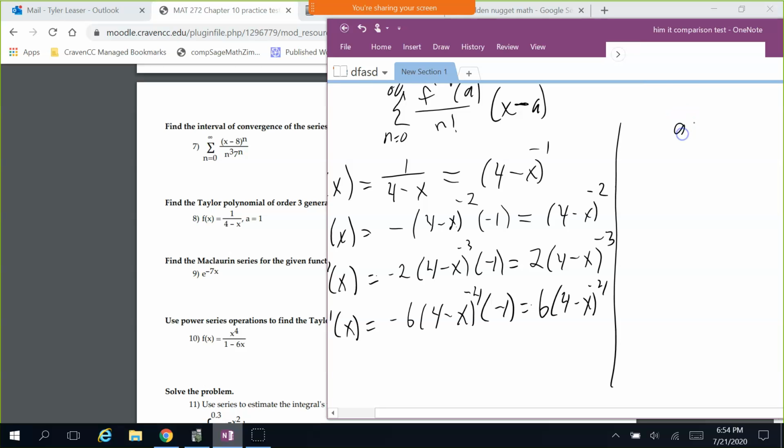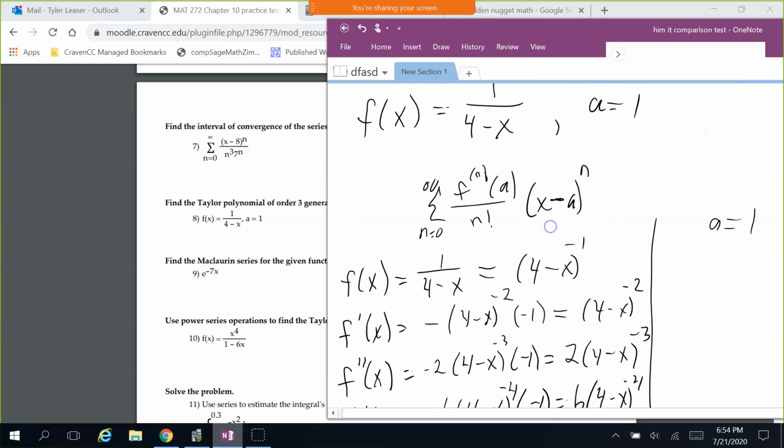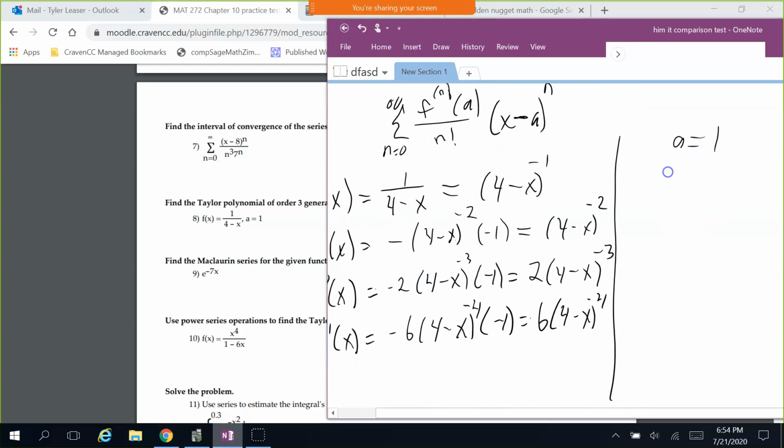We need these derivatives, but only at the location a, and remember a was 1, that was just given to us in the question. So let's plug 1 in for all of these. When I plug 1 into the function itself, I get 4 minus 1, which is 3. 3 to the negative 1 is 1/3. If I plug 1 into the first derivative, 4 minus 1 is 3. 3 to the negative 2 is 1/9.